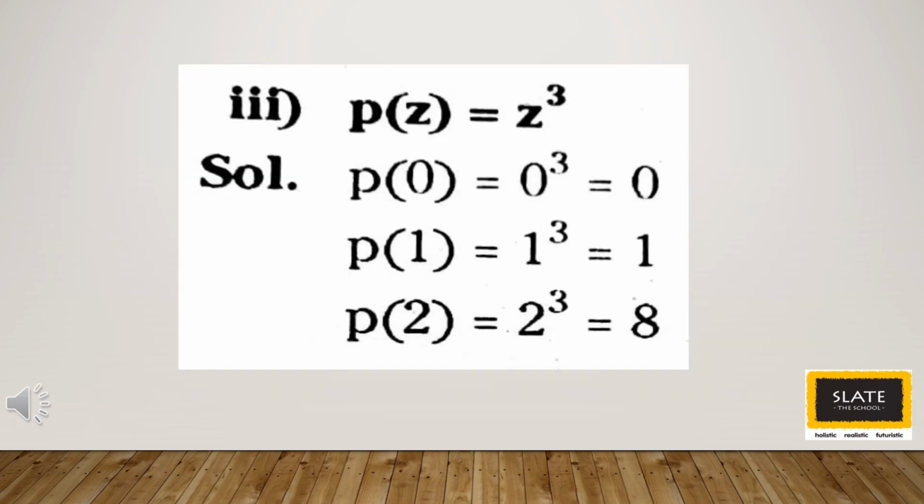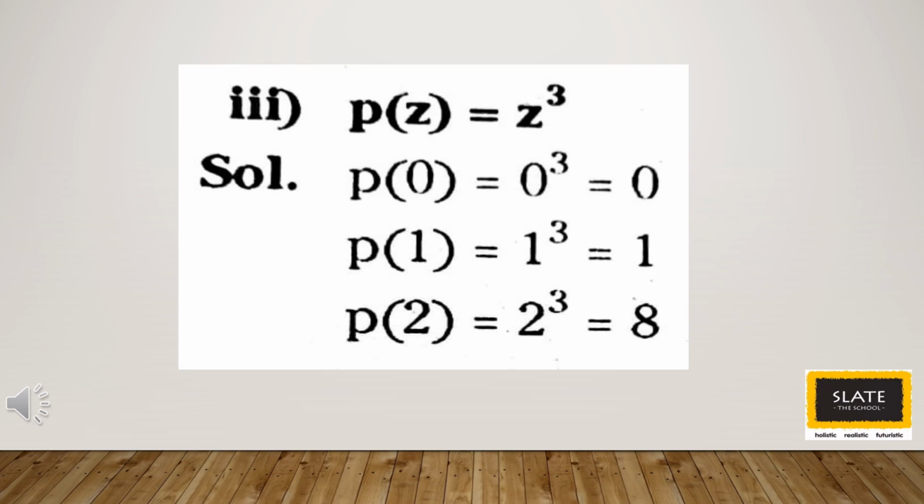Next polynomial, p of z is equal to z cube. We need to find p of 0, p of 1 and p of 2. We replace 0 in place of z, 1 in place of z and 2 in place of z to get p of 0, p of 1 and p of 2.